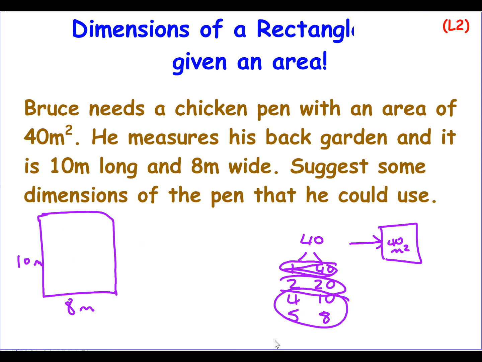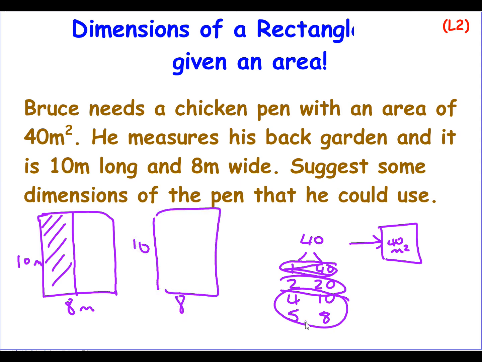So the two chicken pens he can have is one pen that is either 4 meters wide and 10 meters long, or a chicken pen that is 5 meters wide and 8 meters long. So these are the two options for the chicken pen.